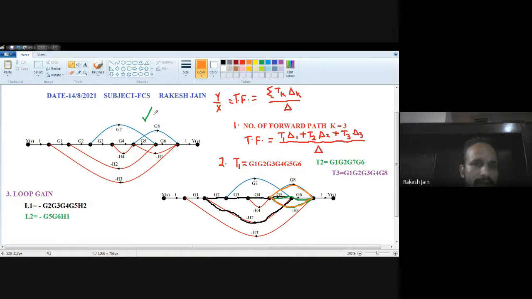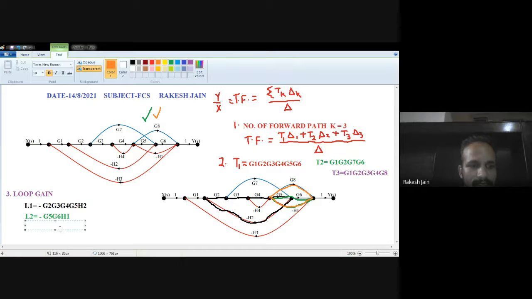You see in the main diagram also, if you have any confusion due to the coloring on this diagram, at the left hand side I drew the complete clear diagram in front of you. So you will easily understand. So L3, loop third, will be G8 H1, but H1 with negative sign. So minus G8 H1 is the third loop.